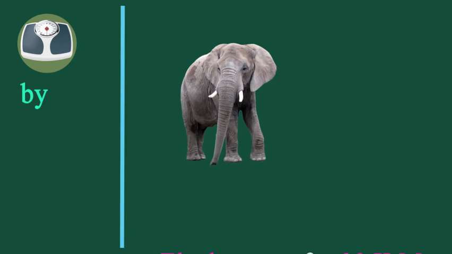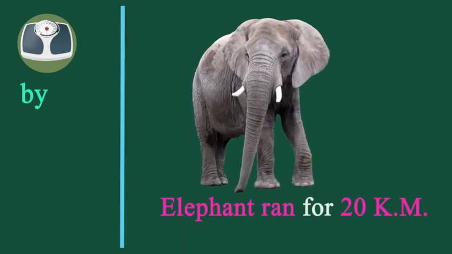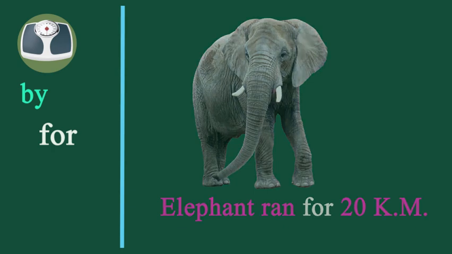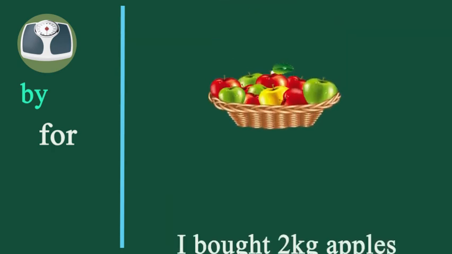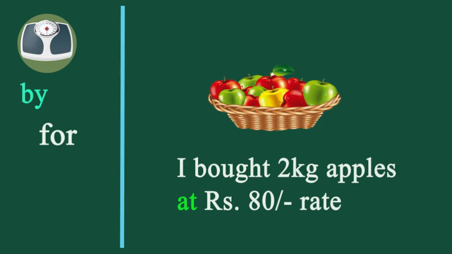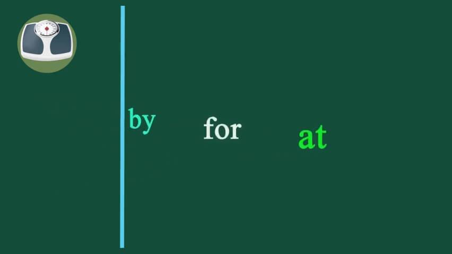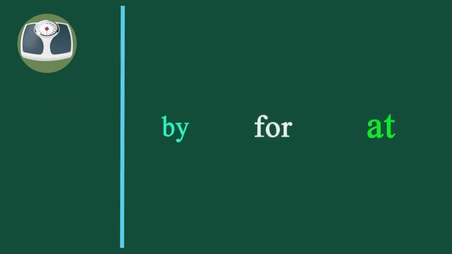Elephant ran for 20 km. For implies a preposition of measure. I bought 2 kg apples at 80 rupees rate. At is a value. So all these prepositions are widely used as prepositions of measure.